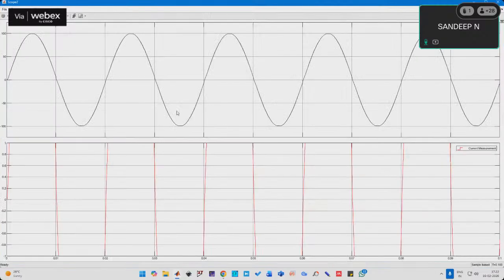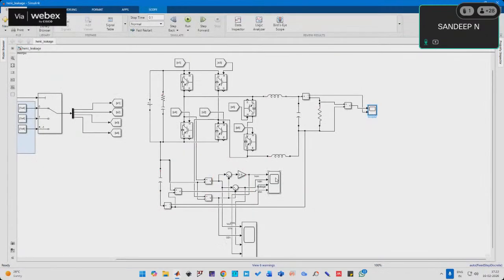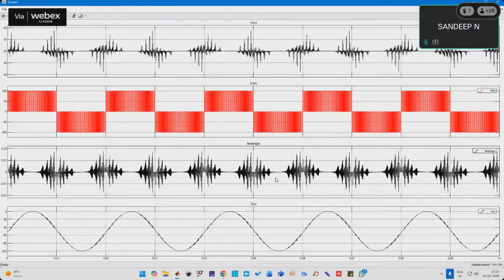This is your output voltage and current, filtered, and this is our common mode voltage. Again, common mode voltage is UPV, if you remember, and there are some uncertain states.